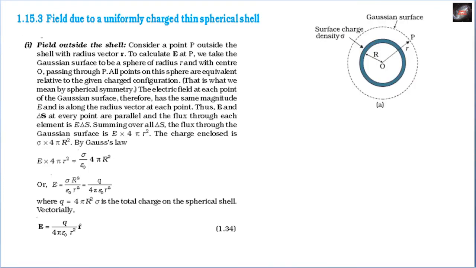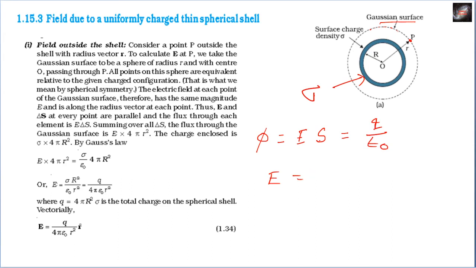The next topic is the spherical shell. Here we have a spherical shell which has a surface charge density sigma, and we are trying to determine the electric field at a point P here. To determine this, we have to draw a Gaussian surface. So this is our Gaussian surface, which is a sphere of radius small r. According to Gauss's law, the total flux equals E into S equals charge enclosed divided by epsilon naught.